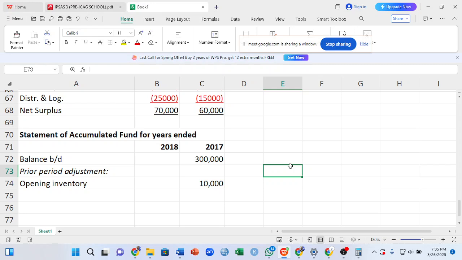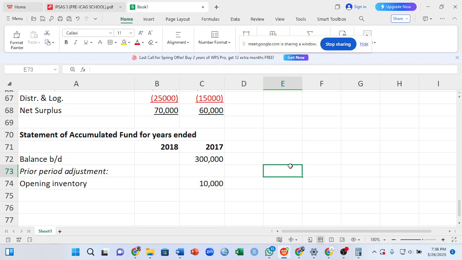When you are preparing your financial performance, opening stock needs to be added, but it is not part. So it means it has been understated. What has been understated? The opening inventory. Okay, proceed. And anything that understates the profit needs to be added back.